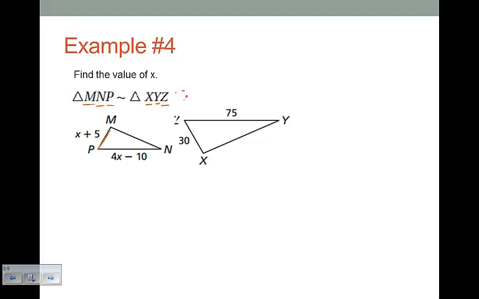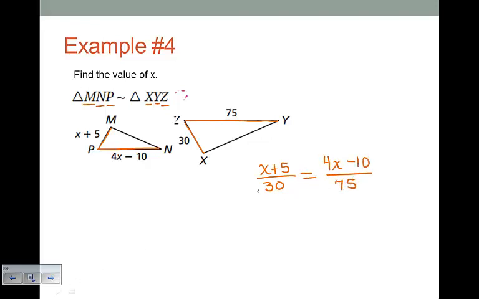So PM is going to correspond with ZX. PM, which is x plus 5, goes with ZX, which is 30. And then PN is going to go with ZY.